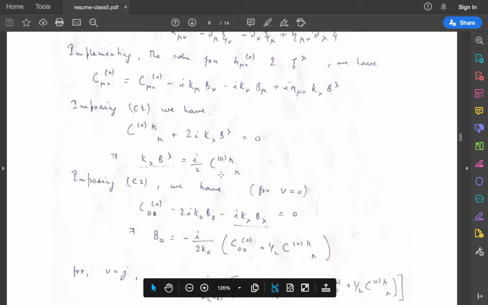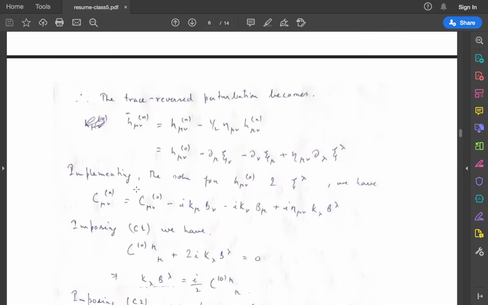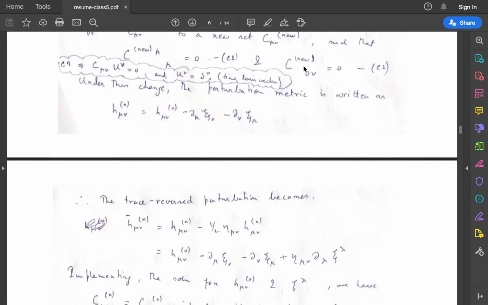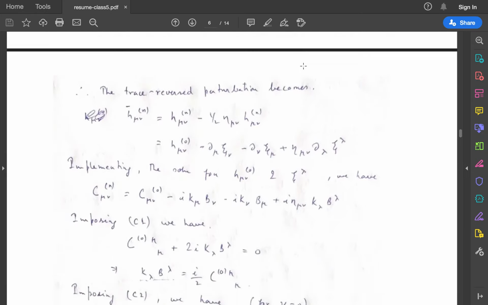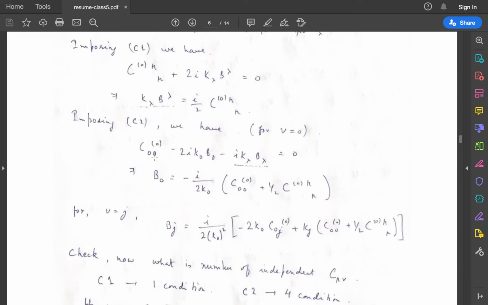Now if I impose this C1 condition here, this gives me k lambda b lambda in terms of the old c mu mu. And if I impose this condition C2, because we now understand how new is written in terms of old, I can implement that in the old one and get how b0 will look. b0 is nothing but i over twice k0 times c00 plus half of c mu mu, okay.